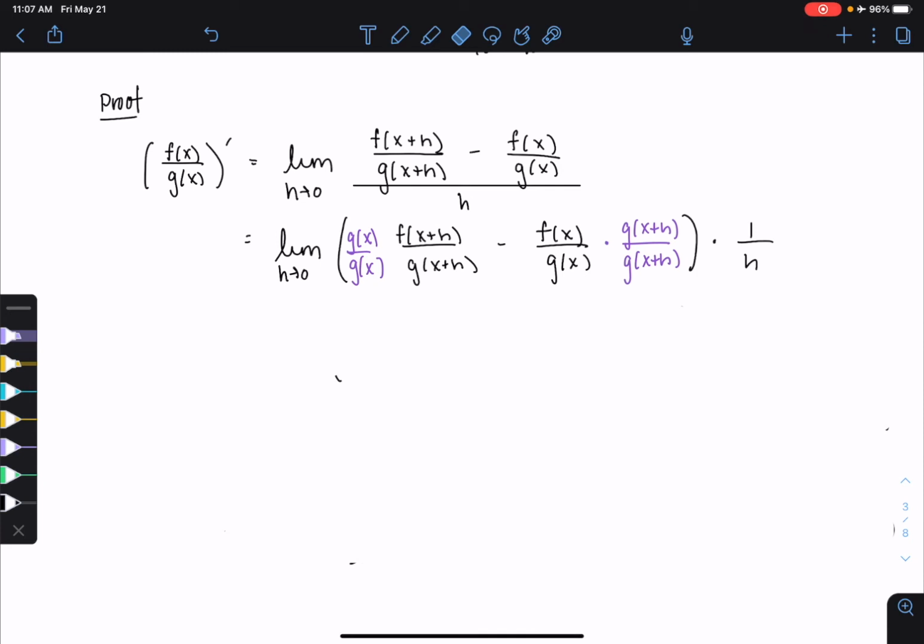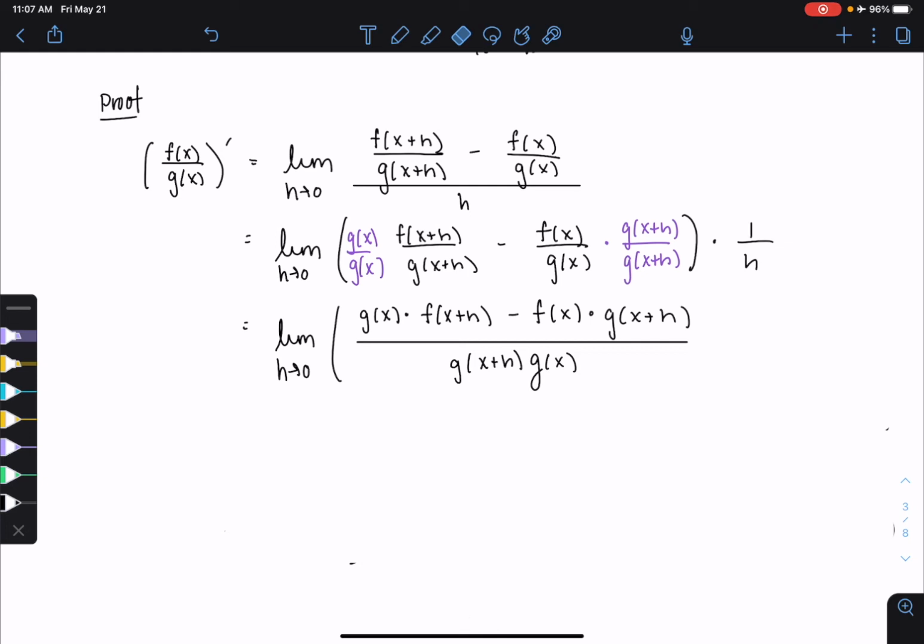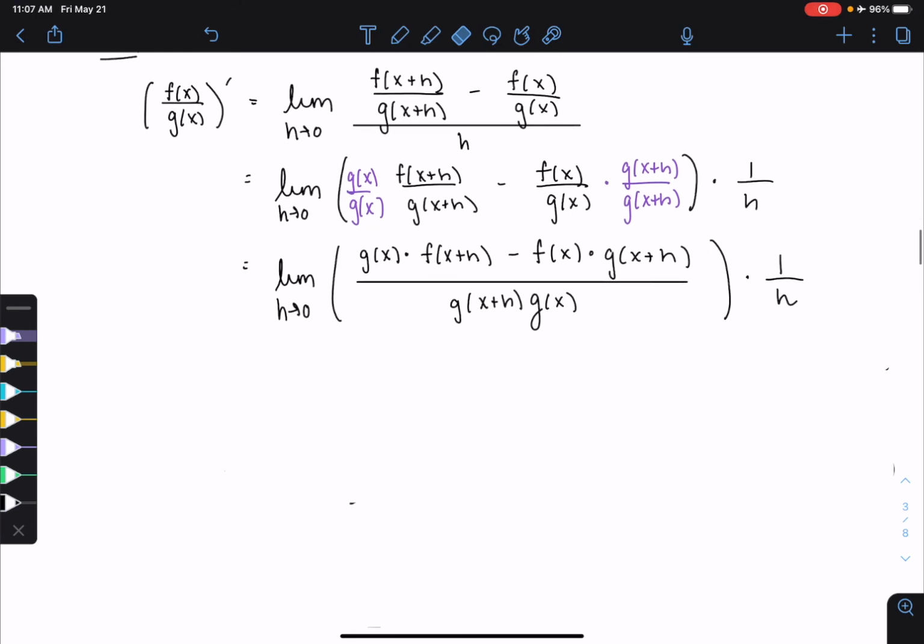So it really creates one giant fraction. My numerator would be g of x times f of x plus h minus this. And then my common denominator is going to be g of x plus h times g of x. And this quantity gets multiplied by 1 over h. Now, same as before, I'm going to add and subtract some quantity to really help me out.